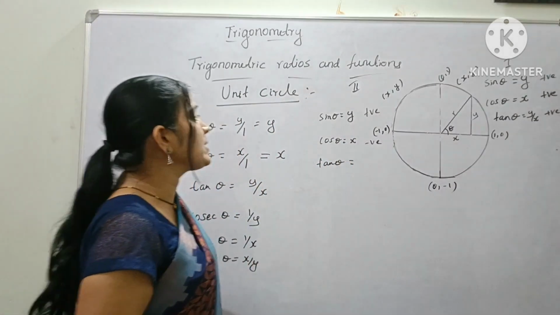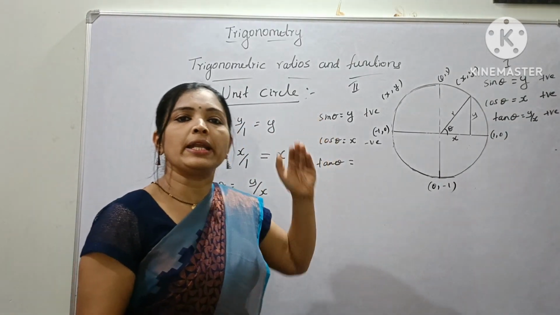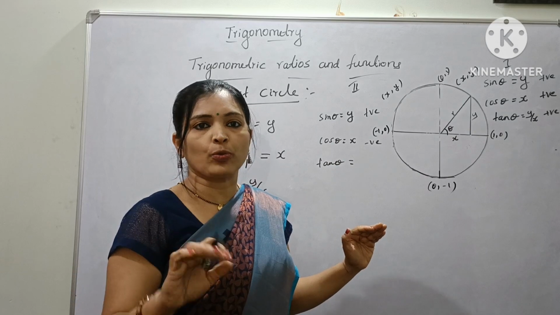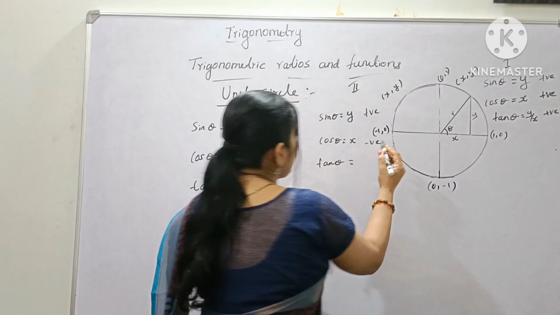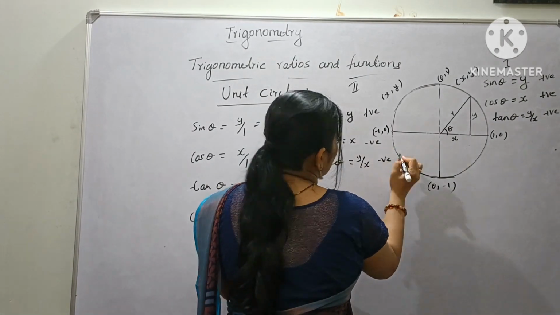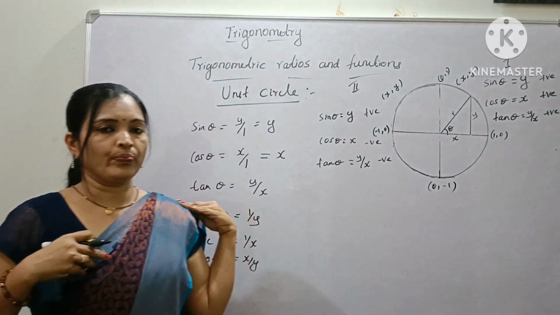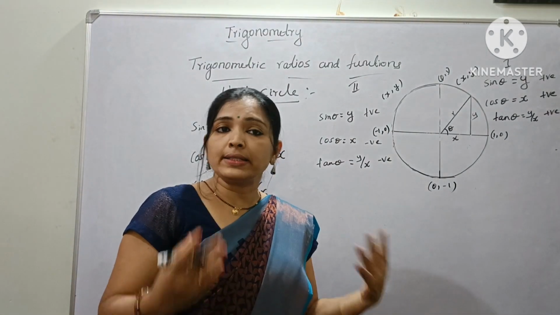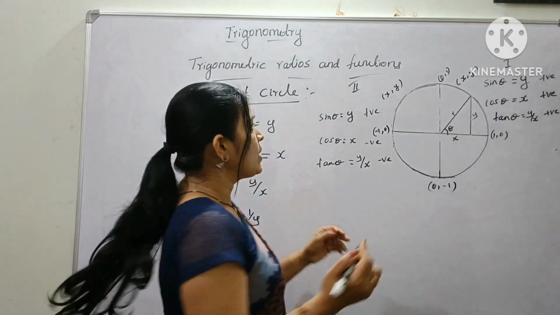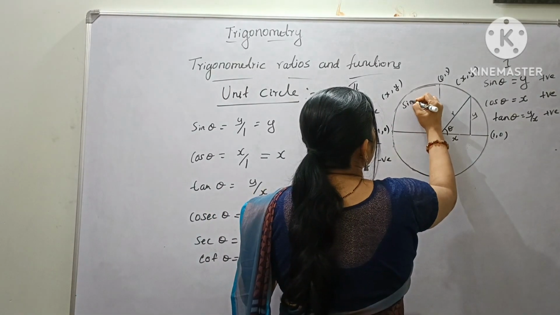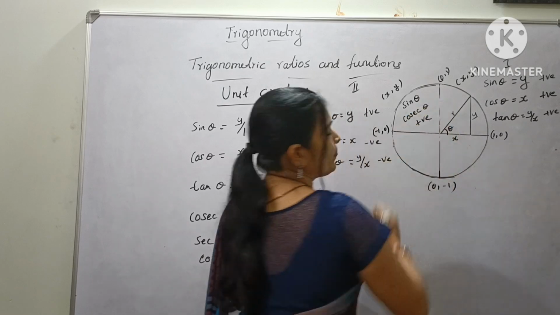Tan theta is sin theta divided by cos theta, that is y by x, that is positive divided by negative, which is negative. So in the second quadrant, sin theta is positive. Since sin theta is positive, its reciprocal cosec theta is also positive. So remember, in the second quadrant, sin theta and cosec theta are positive.